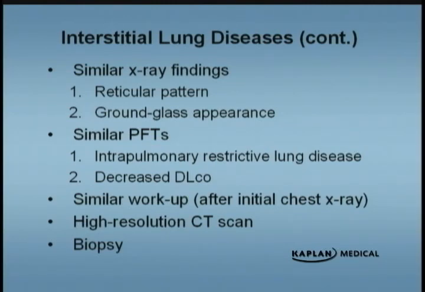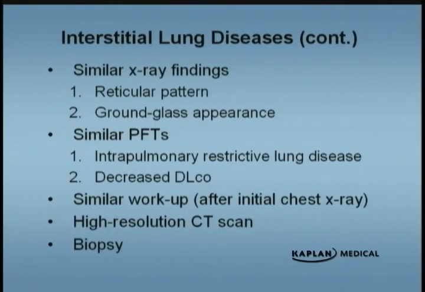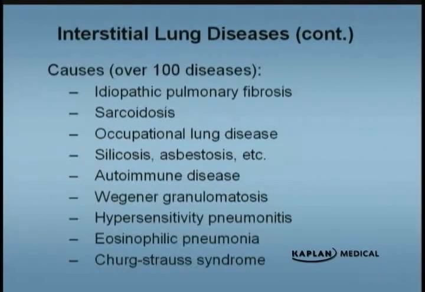So in these cases, we always start off with the x-rays. We may do pulmonary function tests to see restrictive disease, or we may get the pulmonary function test because we're thinking something else, like COPD, and then we find intrapulmonary restriction. That's similar to all these diseases, and the workup is similar: chest x-ray, high-resolution CAT scan, and a biopsy to confirm or exclude the diagnosis.